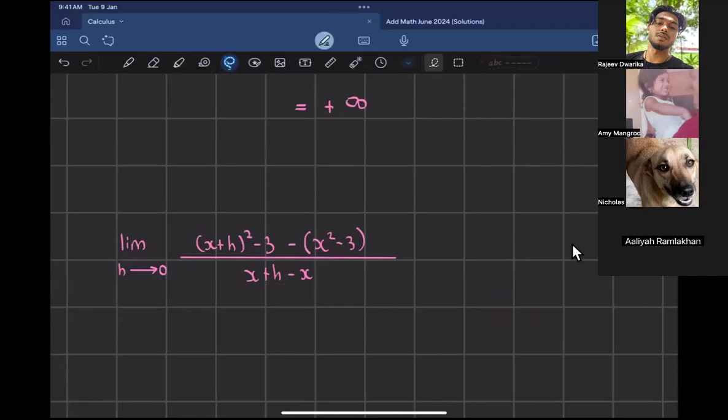All right, so if you all could do this question, we could speed through the calculus part of it.